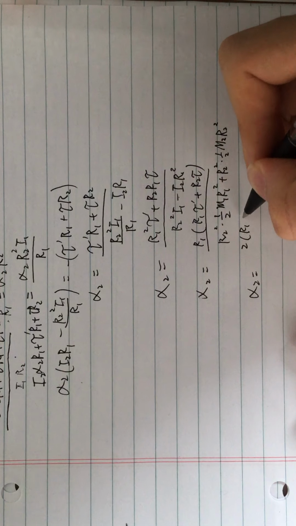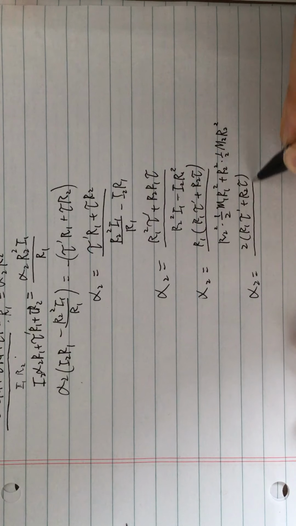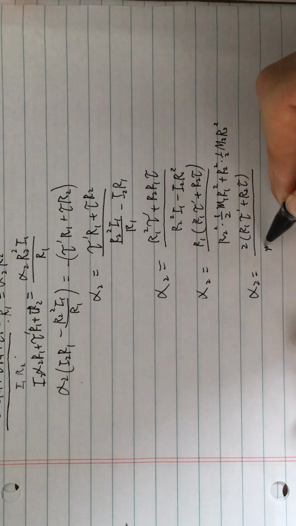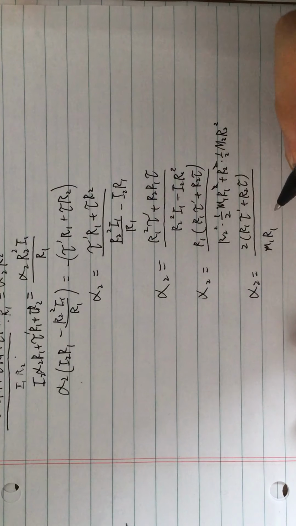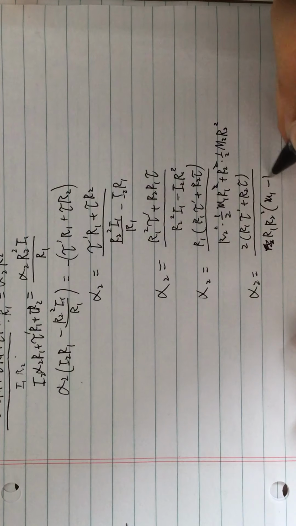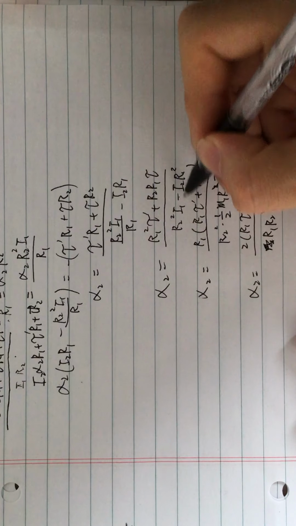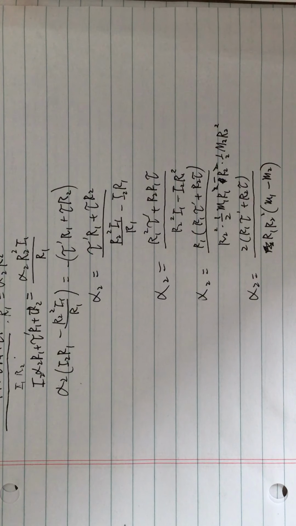We get 2 times the torque prime divided by m1 times R1, and these two cancel. Then m1 minus m2. This one should be a minus sign because here there is a minus sign; I forgot about that. So that's the solution for alpha 2.